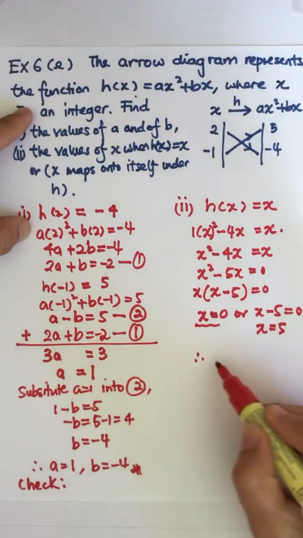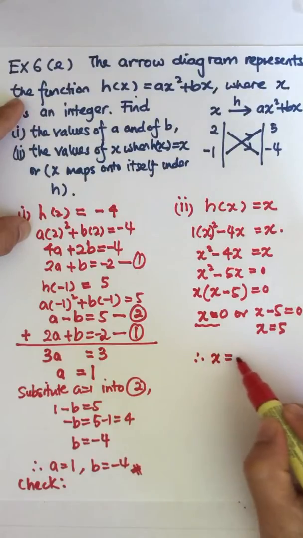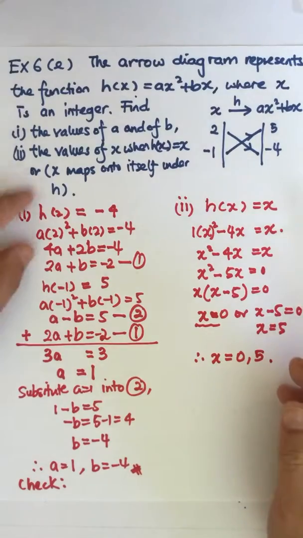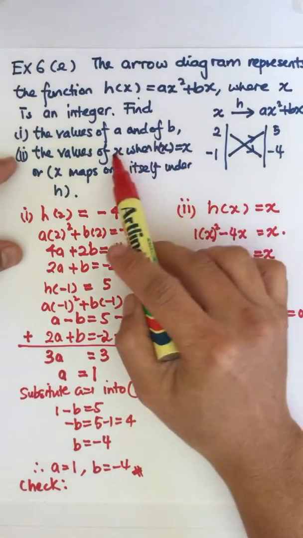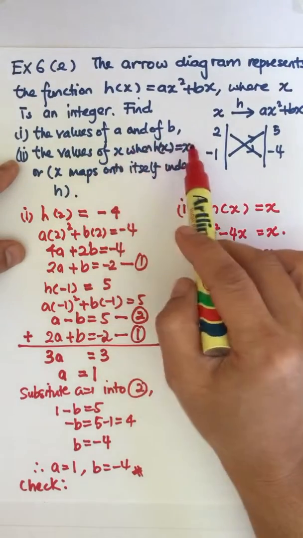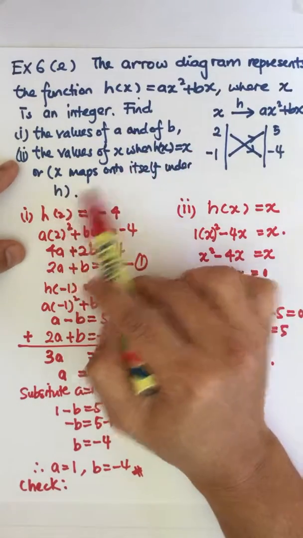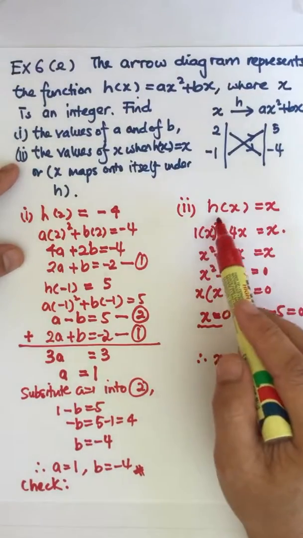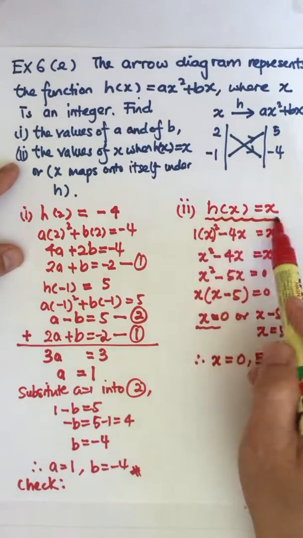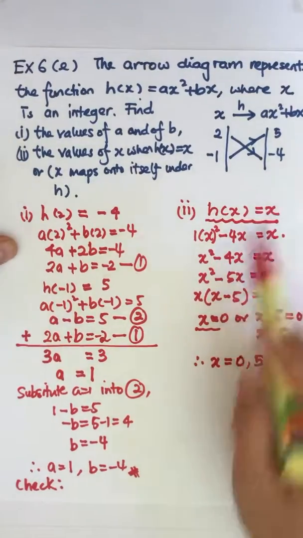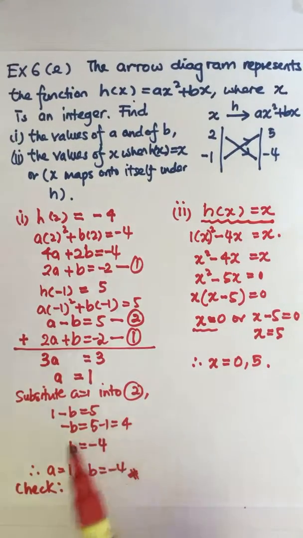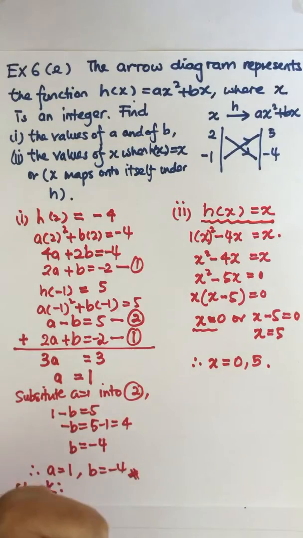So the value of x will be 0 or 5 if the object x maps onto itself. If you see this type of question, remember we start off with h(x) = x. So this is example 6e. Stay tuned for more examples. Thank you very much.